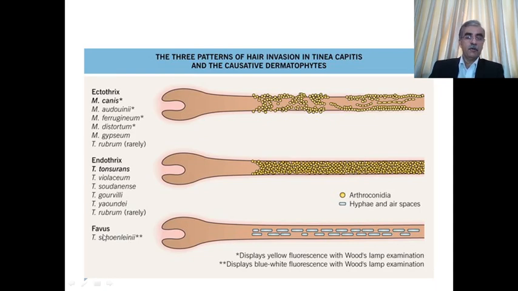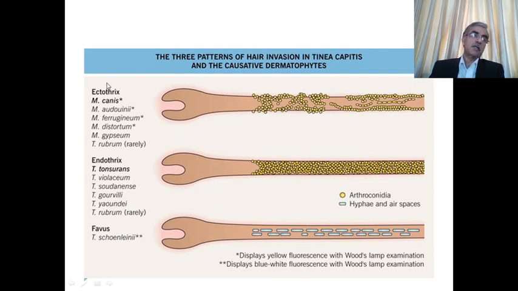Whereas in favus, which is caused by Trichophyton schoenleinii, there are air spaces within the hair shaft, and that displays yellowish, bluish-white fluorescence in Wood's lamp examination because of these air spaces.